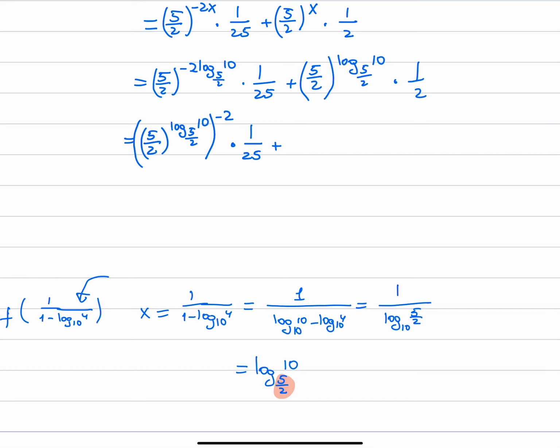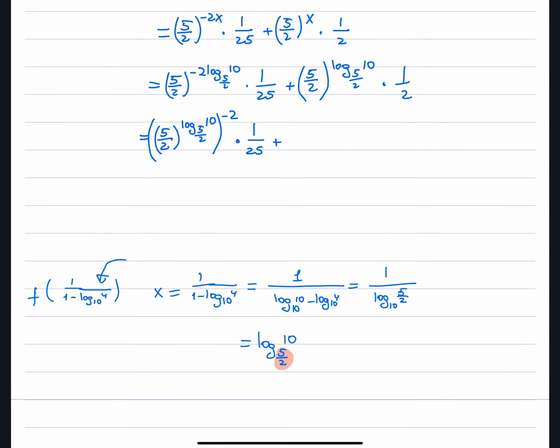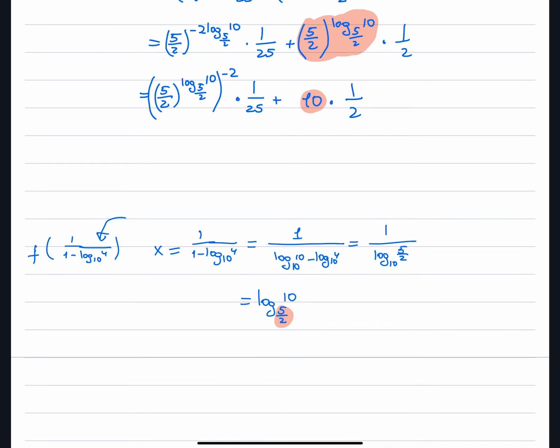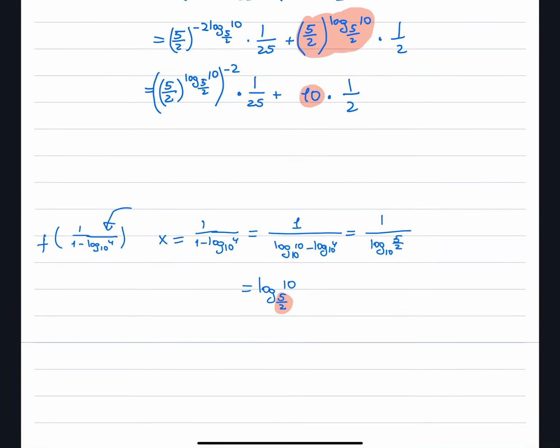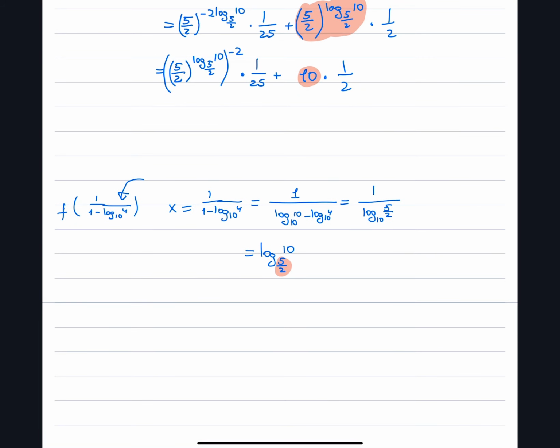So the second part, let's get the number. I know this is going to be 10, just 10 times a half. Instead of 5 over 2 to the power of log base 5 over 2 of 10, obviously, how do I know it's equal to just 10? I know the rule, let me just write down here a rule of logarithms.